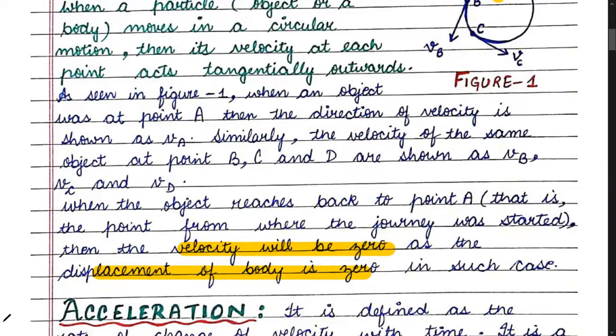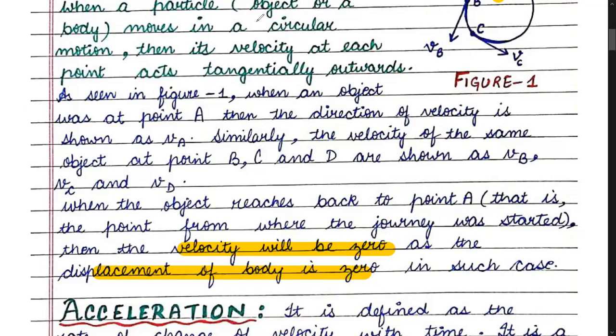Why so? Because the formula of velocity was displacement upon time. What is velocity? Displacement upon time. So since displacement is zero, therefore velocity will also be zero.